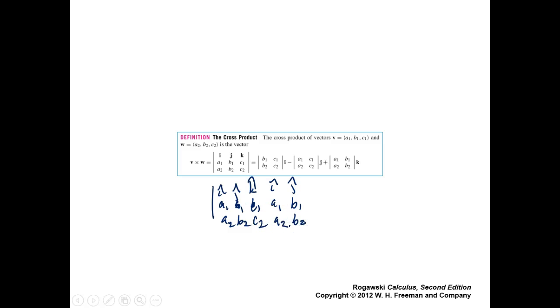Okay. Now, here's what you do. Do upper left to downward right. That would be I times B1 C2, and then from I again, do minus C1 B2.